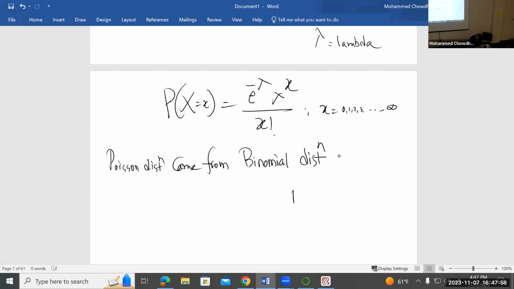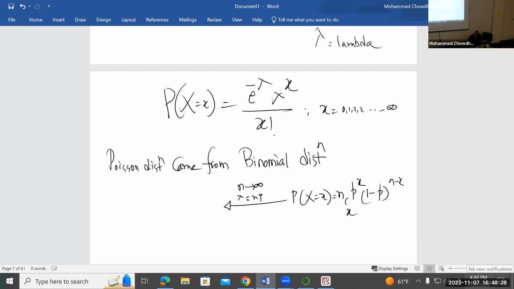This is the binomial distribution: probability of X equal to x is nCx p to the power x, 1 minus p to the power n minus x. From there, two conditions have been applied. What are the two conditions? The conditions are n goes to infinity and lambda equal to np. N goes to infinity means the number of trials goes to infinity.